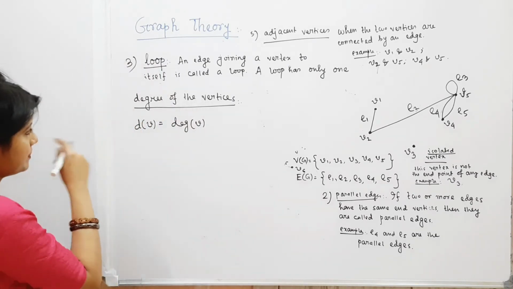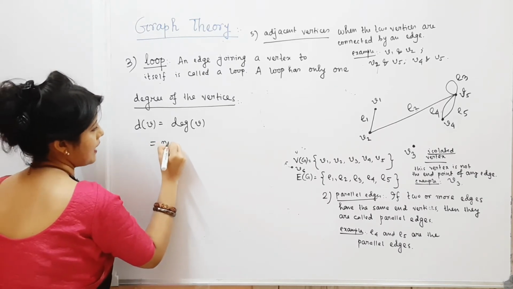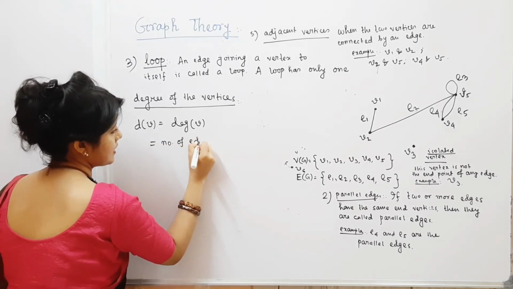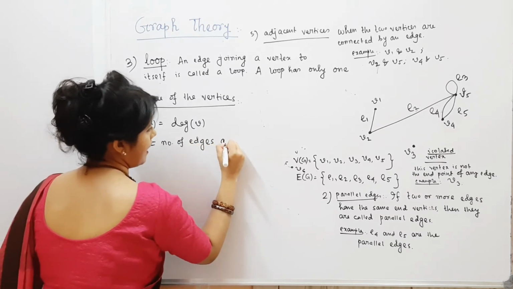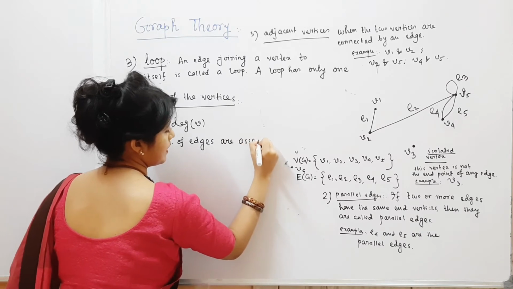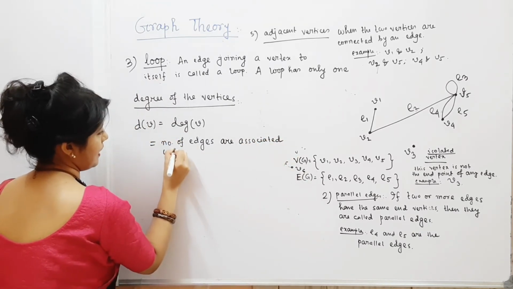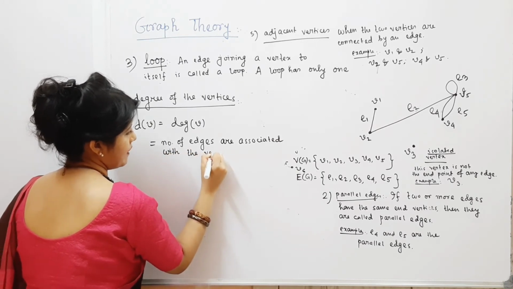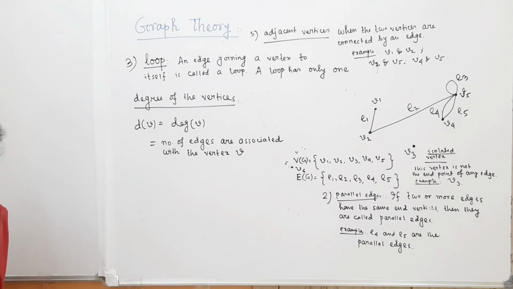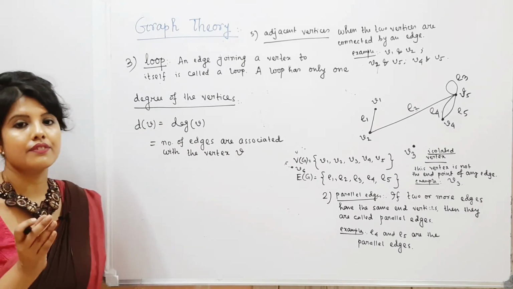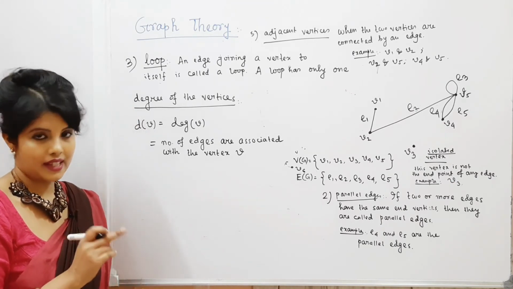So d of V or degree of V means the number of edges associated with the vertex V. That means the number of edges associated with the vertex V determines the degree of that vertex.